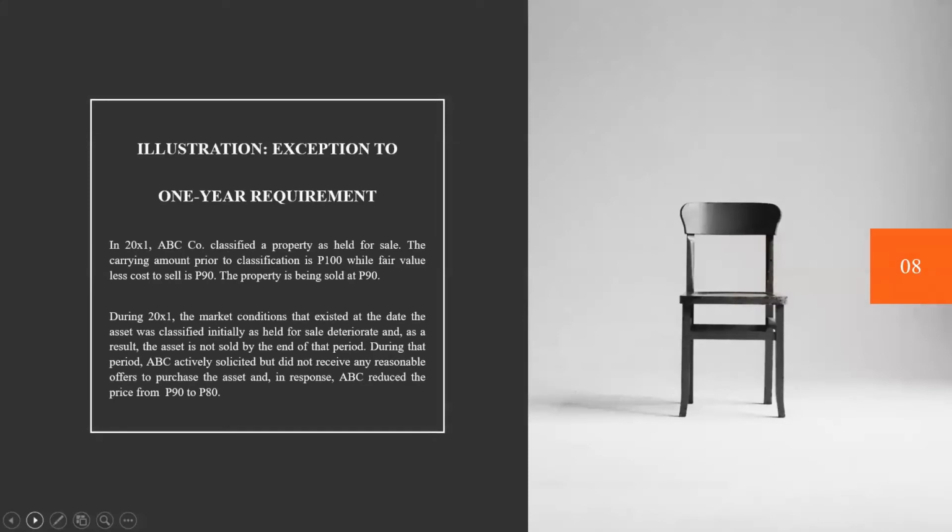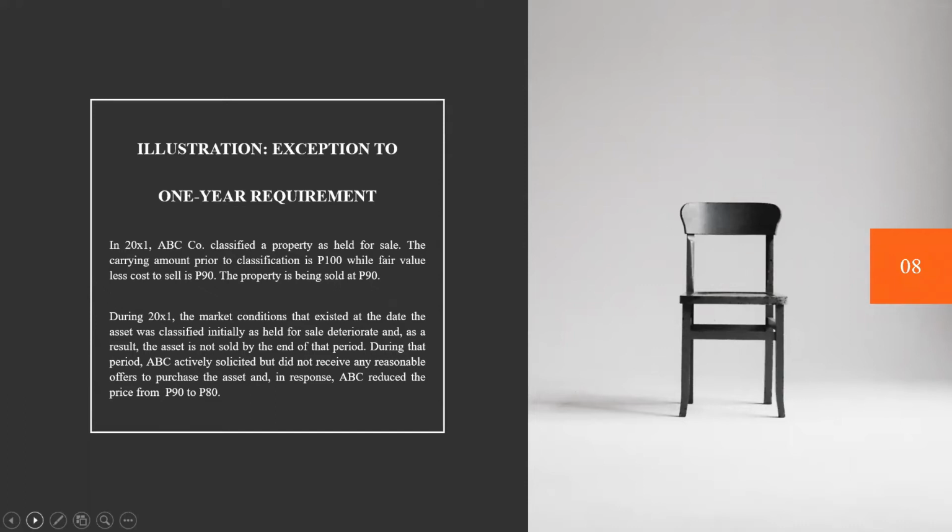The illustration for exception to 1-year requirement is, in 2001, ABC Corporation classified a property as held for sale. The carrying amount prior to classification is 100 pesos, while the fair value less cost to sell is 90 pesos. The property is being sold at 90 pesos.